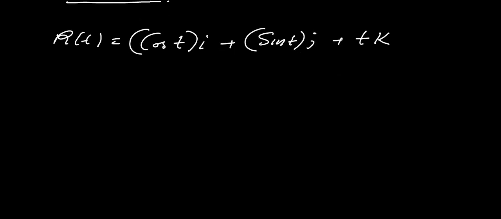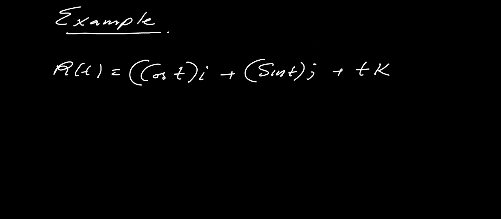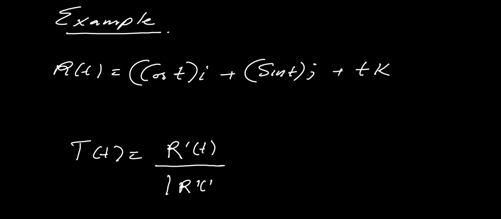From here, they want the unit tangent vector, right? So we're going to differentiate this first, because the unit tangent vector, we said, is the same as the differentiated expression for the vector valued function over its own modulus.